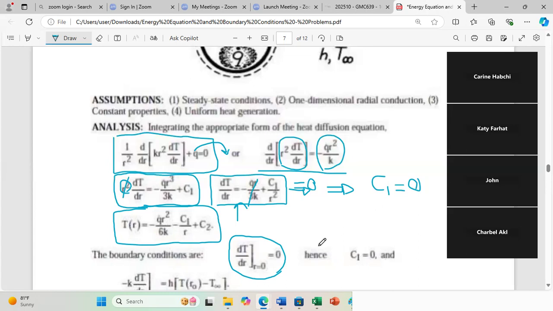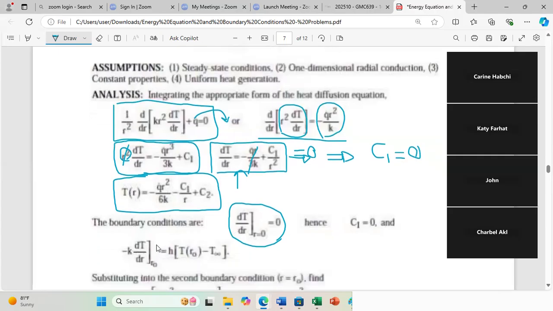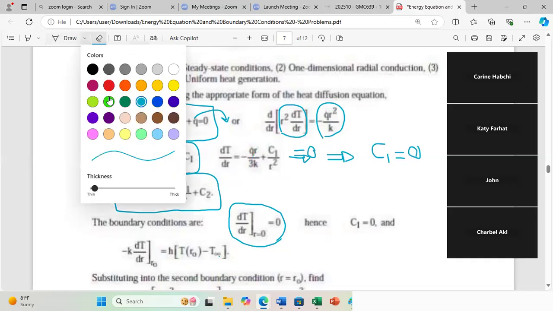Okay, as we said, what is the second boundary condition? It is the application of energy balance at the surface of our sphere. Okay, we have minus K dT by dR at R0 equals the convective coefficient times T(R0) minus T infinity. Let us replace, okay? So we said that if we go back to the expression of dT by dR, we have that dT by dR is minus Q dot R over 3K because we said that C1 is 0.